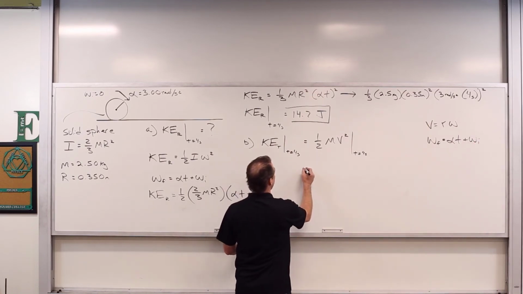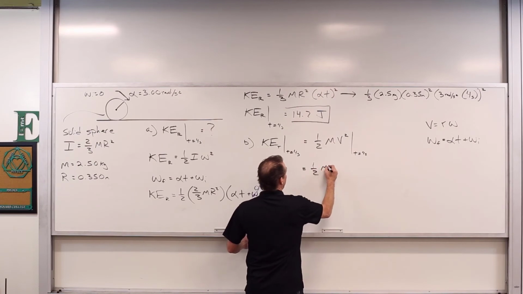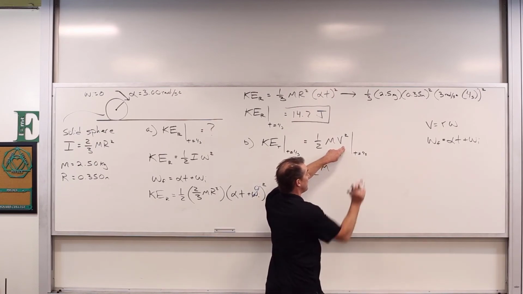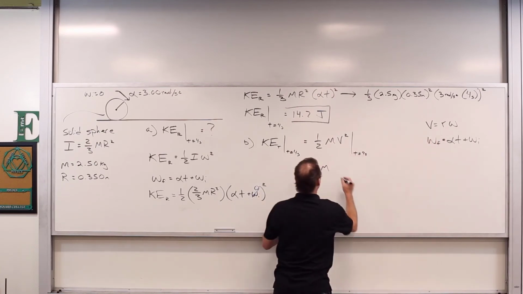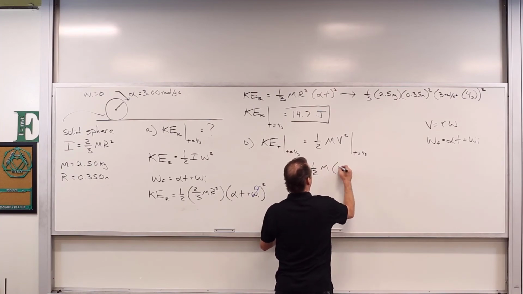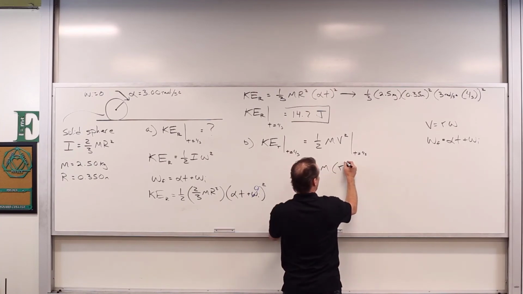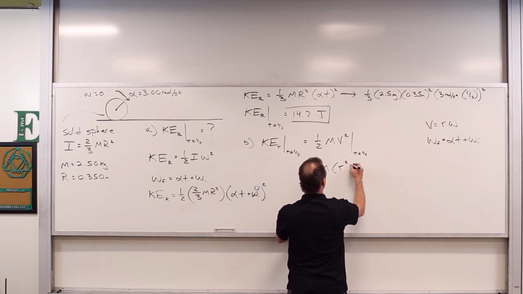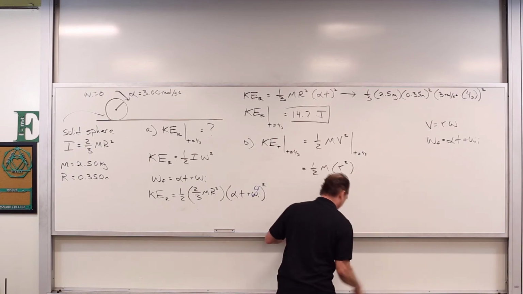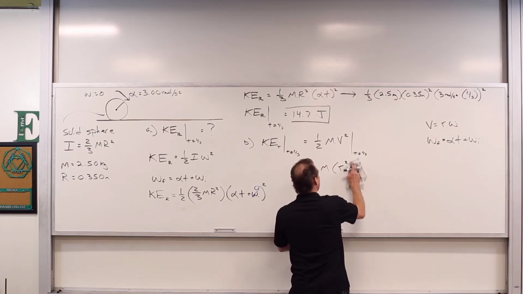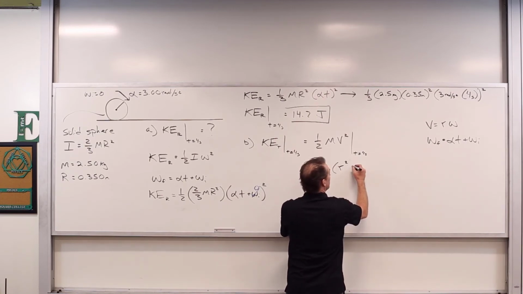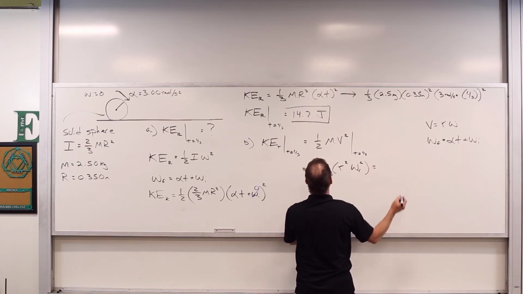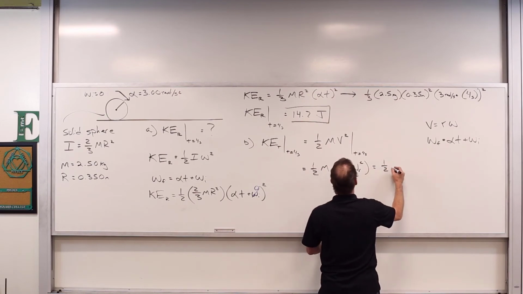So we can write this as being equal to 1/2 m times v squared, where v is equal to r times omega. So we've got r squared times omega squared, which is then, break this up, omega final squared, which is then equal to 1/2 m.